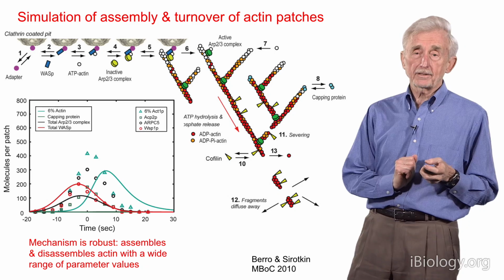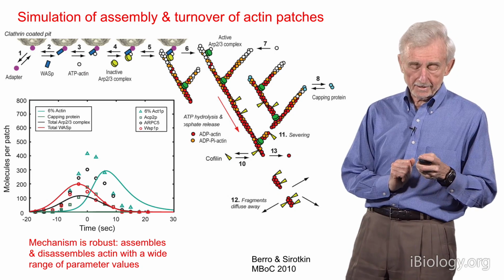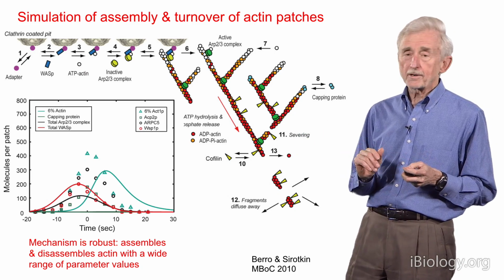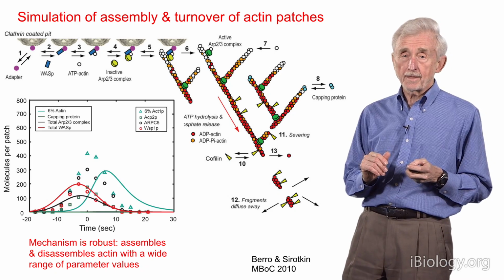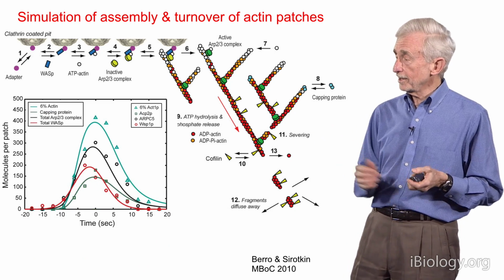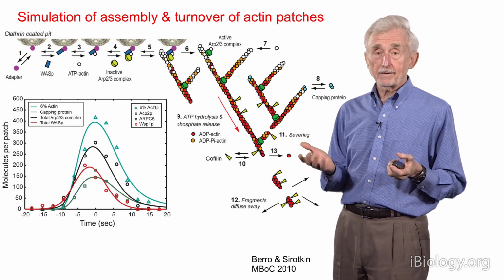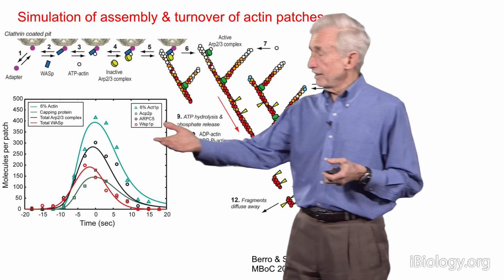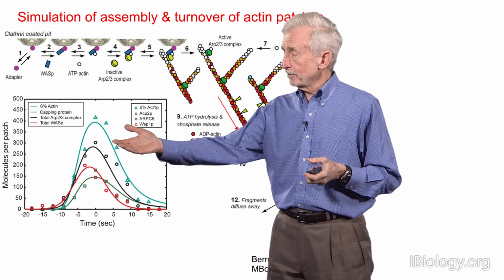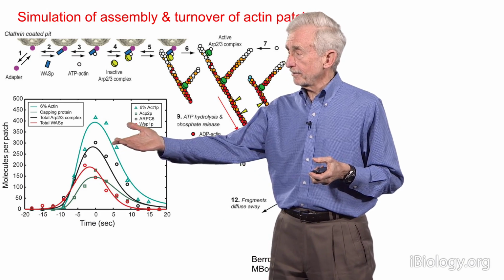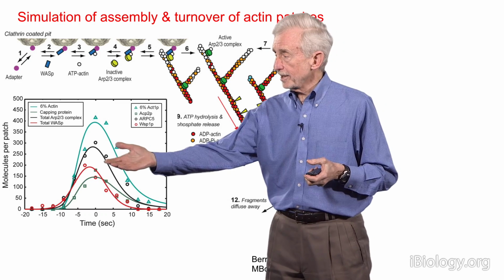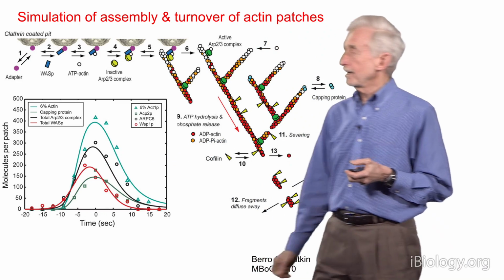So now we can actually learn something about what's going on in the cell by adjusting the parameters to fit the experimental data, and then discover what's different about reality than our model. So in this simulation here, you can see the smooth line fits the experimental data for actin and ARP2/3 complex and capping protein beautifully.